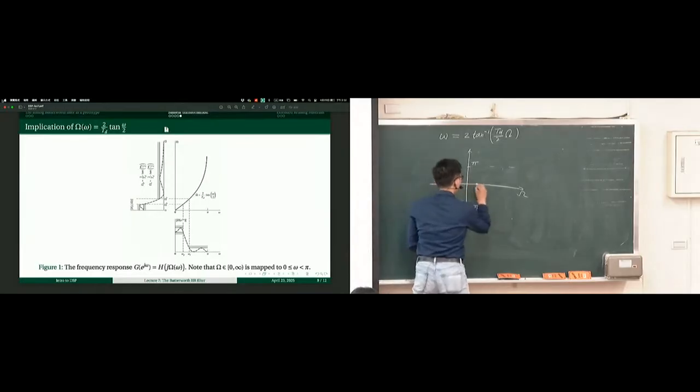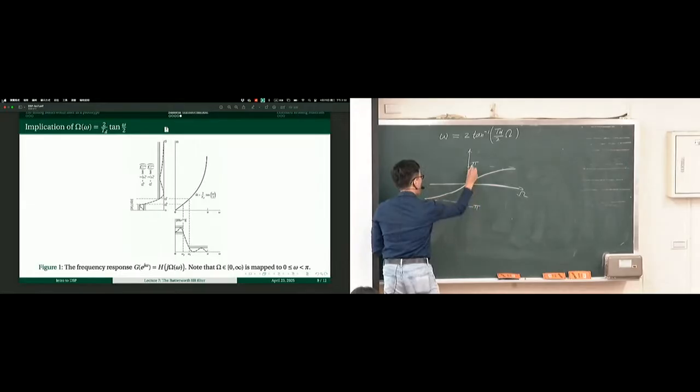The entire frequency axis is mapped to the finite interval between minus pi and pi, and the slope depends on the parameter T_D, which is not that important.